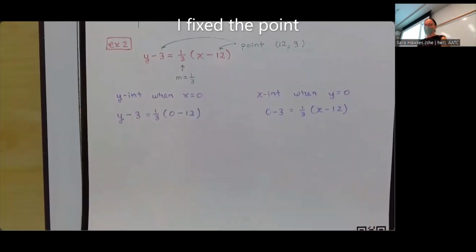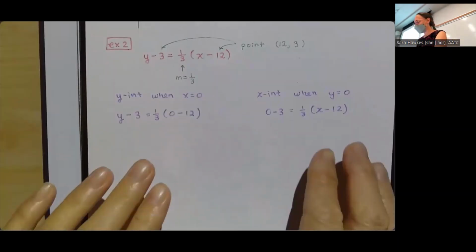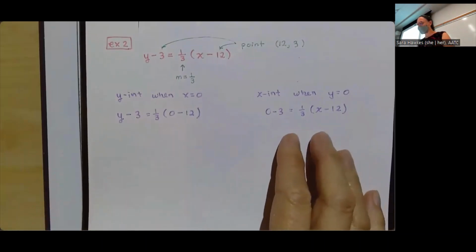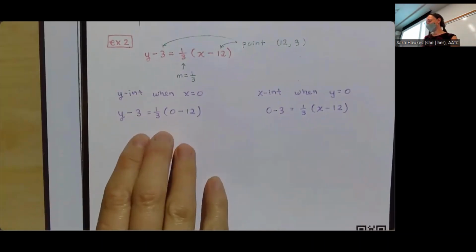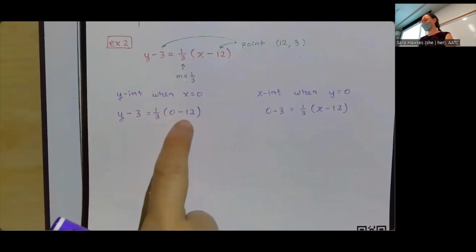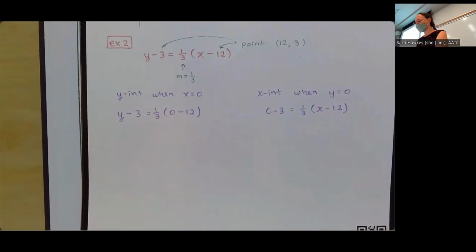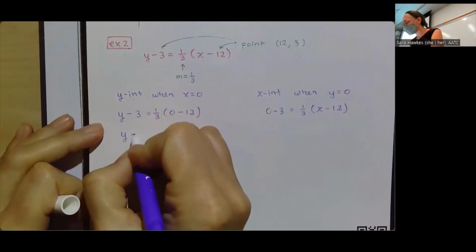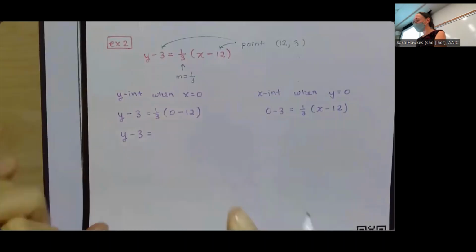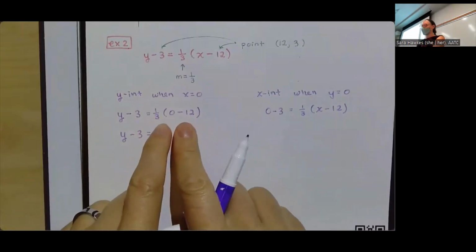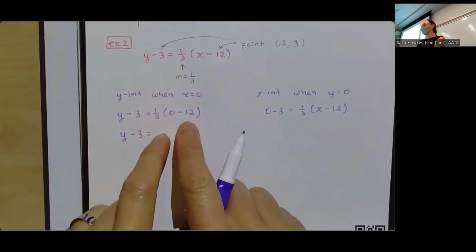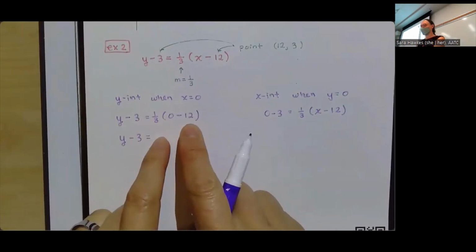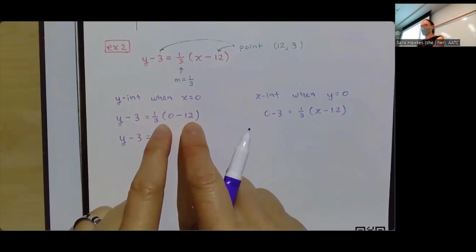If I come in here to find the Y-intercept and the X-intercept, I'll start with the Y-intercept, and I'm just going to simplify the right-hand side as much as I can first. And I talked through this with several of you. You can either think about this as 1/3 times -12 or as -12 divided by 3.